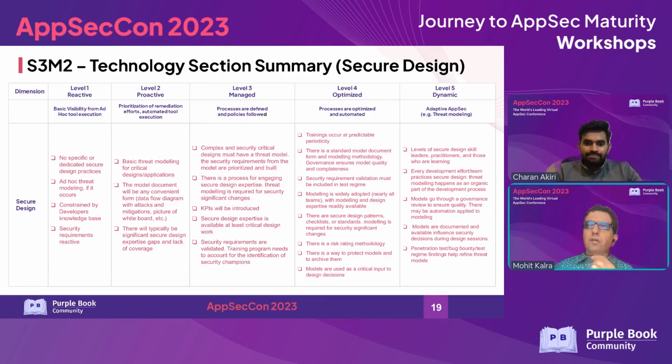Let's spread the love and train people. In level 4, you start increasing coverage but also the expertise within the company. And then level 5 is the nirvana state where things are happening the way they should. Reaching that state, of course, is a challenge for all of us, and that's where all of us strive towards.